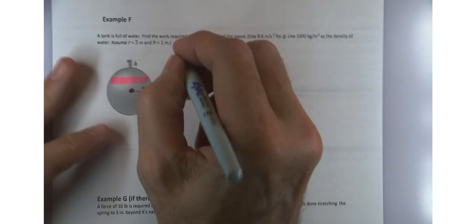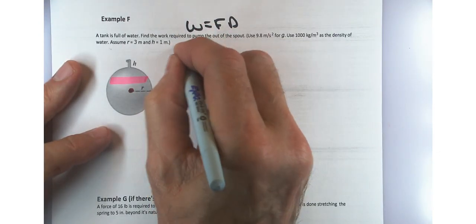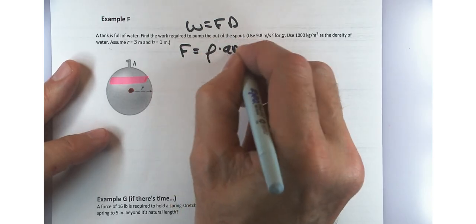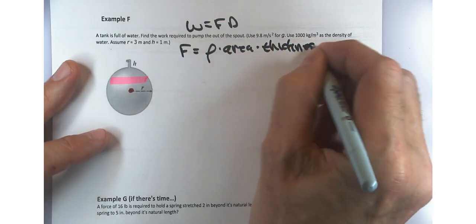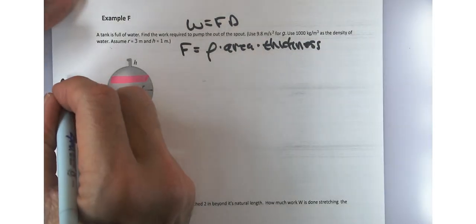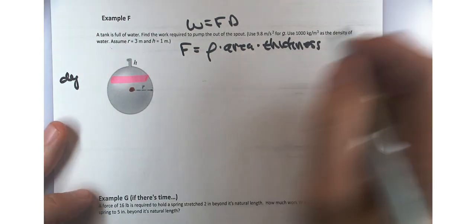Work equals force times distance. Force is going to be the density times the area times the thickness. What's our thickness going to be in this case? dy. So that much is going to be a little bit easier.